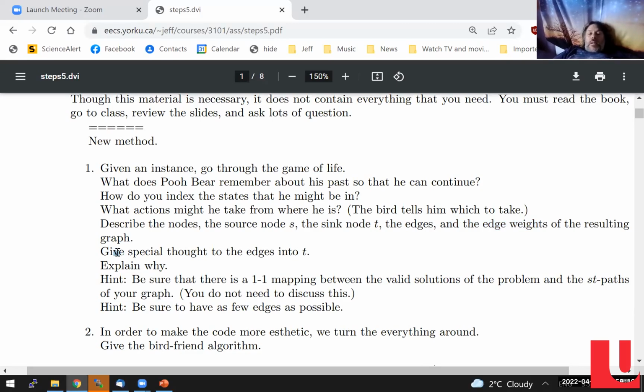So then the sink node T would be where we have put all of the objects that are within the volume. Yeah, but remember I have to give special thought to edges into T. Why is that? Because I could say node T is the knapsack's full and I've considered all the objects. Yeah, but the knapsack might not be full. So I put in these extra edges from not full knapsacks to full knapsack.